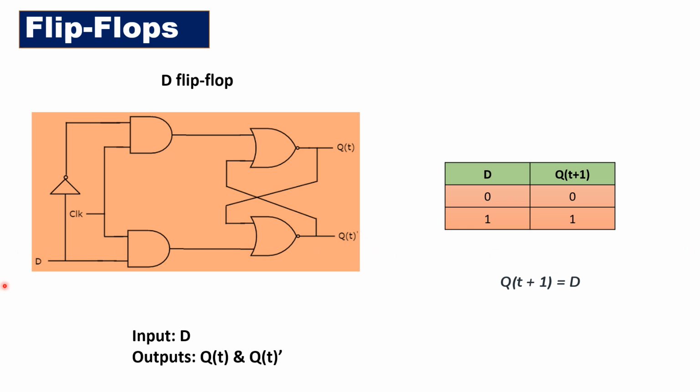On each positive clock transition in a positive edge triggered flip-flop, the output Q of t plus 1 becomes equal to the value present at the data input D at the moment of the clock transition. Thus, it holds the information until the next clock edge.